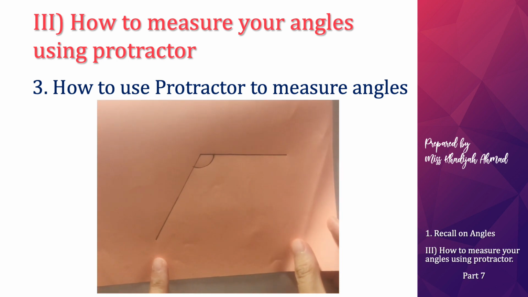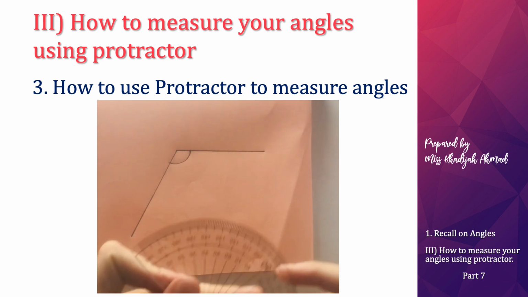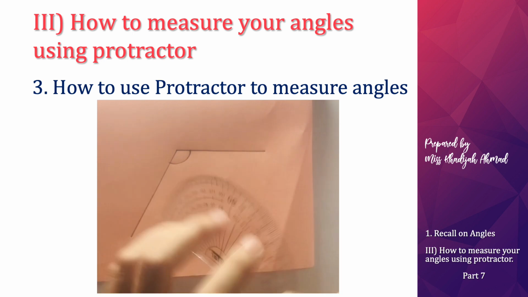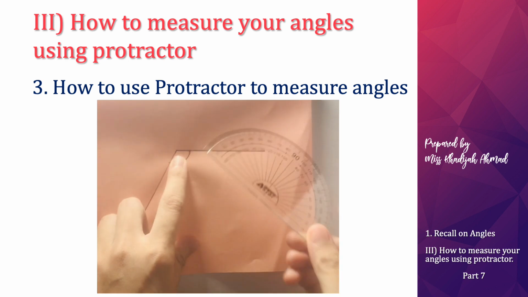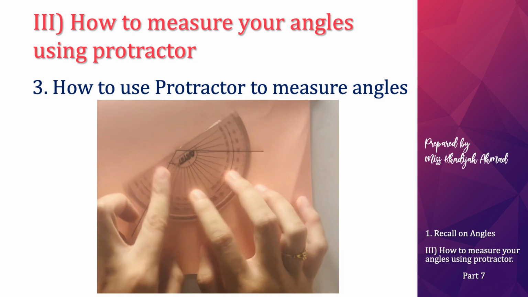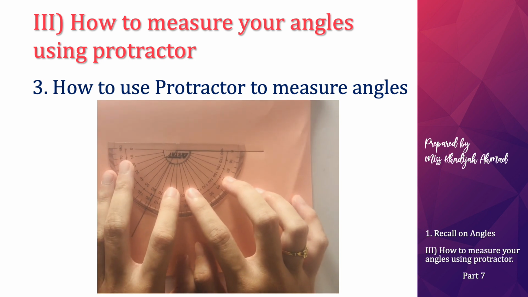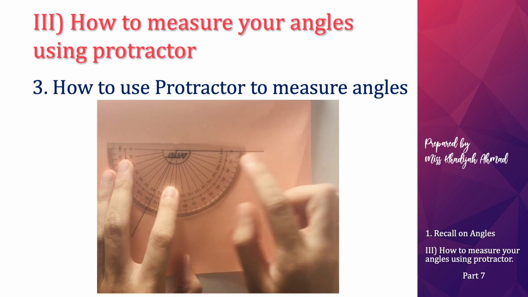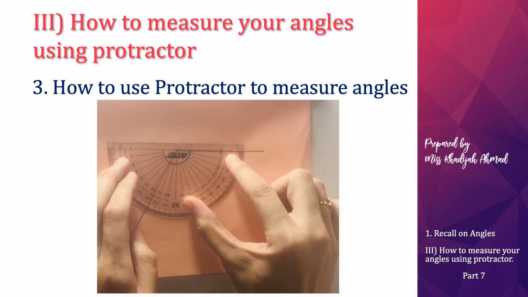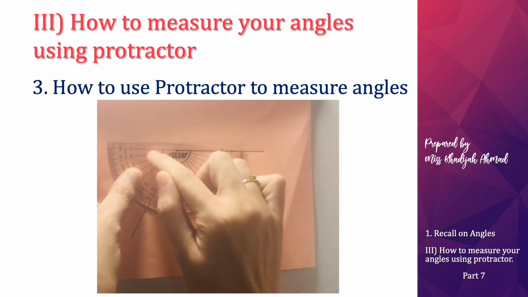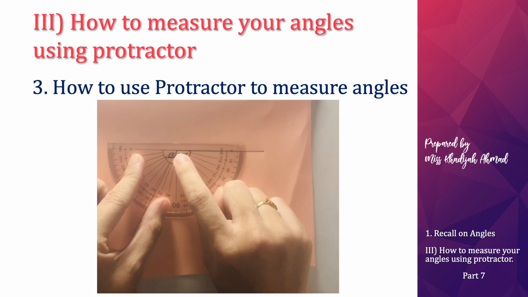So I have another example here. Okay, so once again, you put the center of your protractor on your vertex here, and then you rotate your protractor so that one of the sides is aligned with the 0, and the other side must still be within your protractor, keeping your vertex and your center intact.